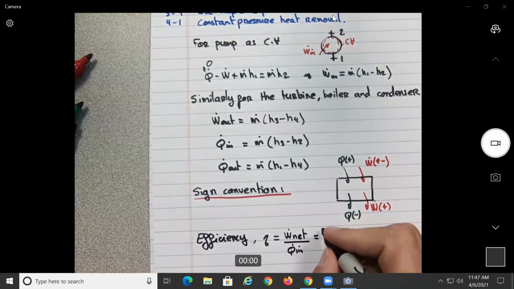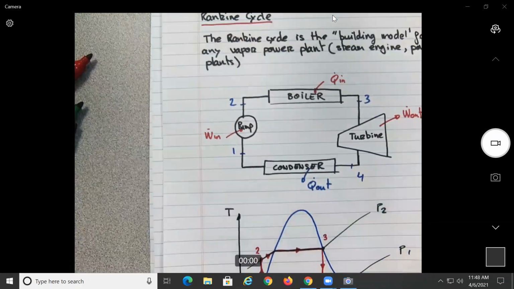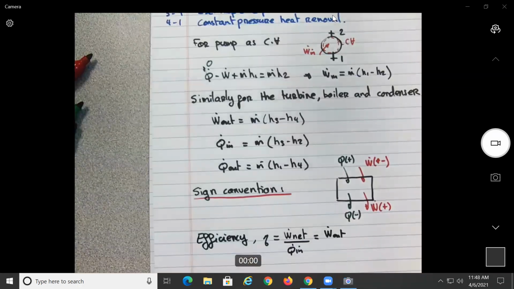So this is the power in, the one of the turbine. No, so the turbine, the power generated by the turbine, which is the out on the figure, minus whatever is used by the pump, divided by Q in.